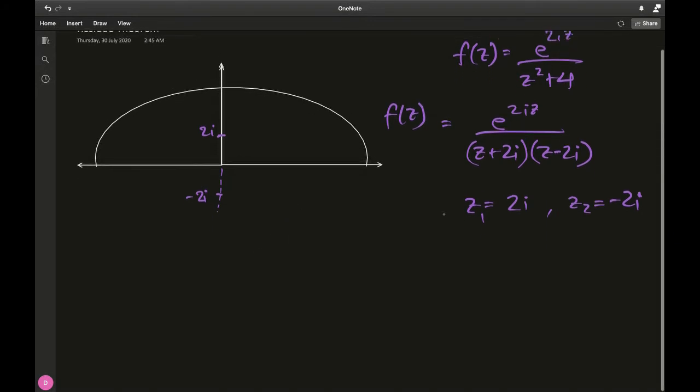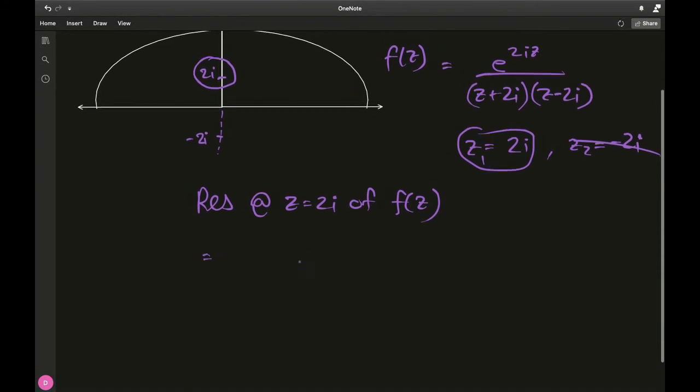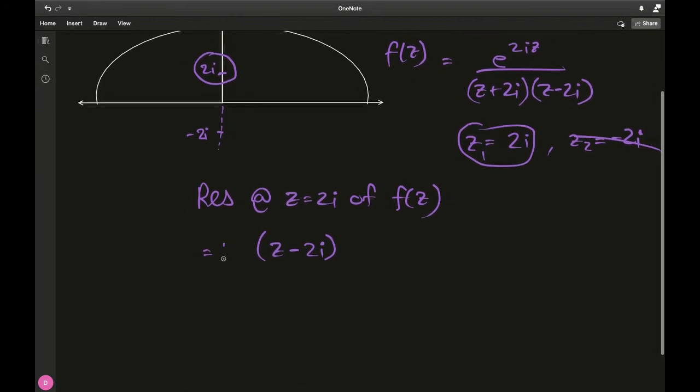So negative 2i does not lie inside the contour, so forget that. All we need to worry about is this residue at 2i. So the residue at z equals 2i of f of z is given by the limit as z goes to 2i of z minus 2i times f of z.